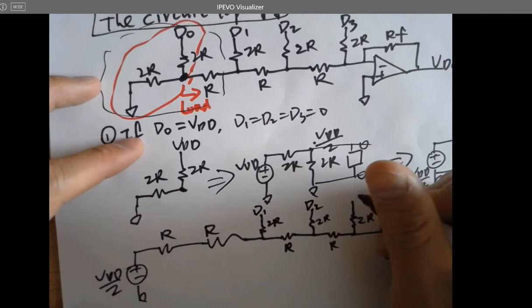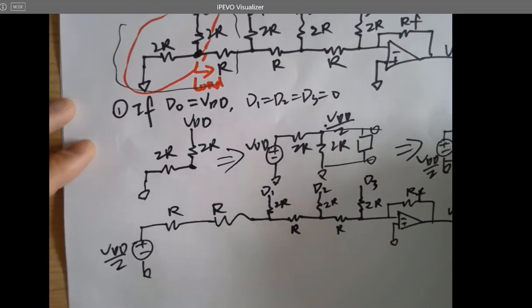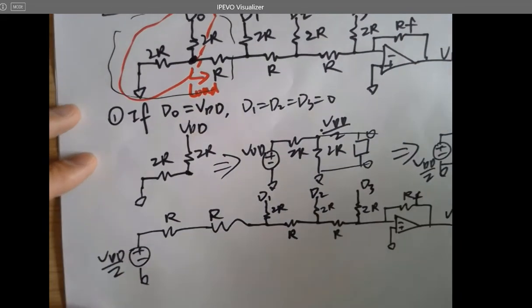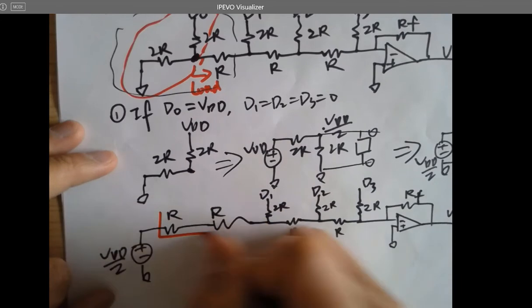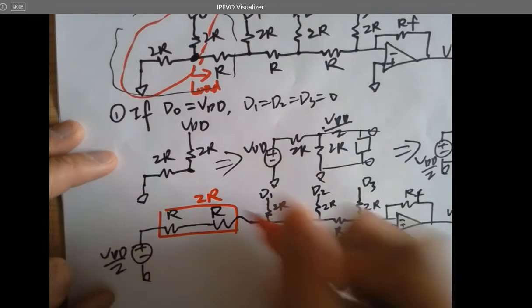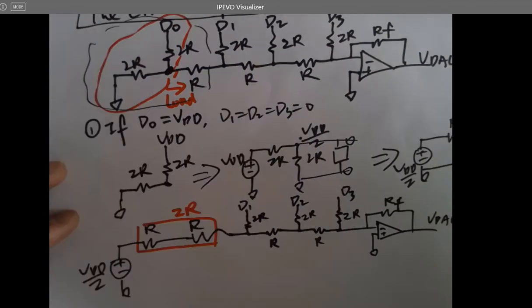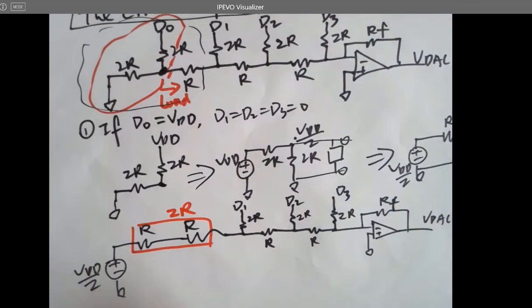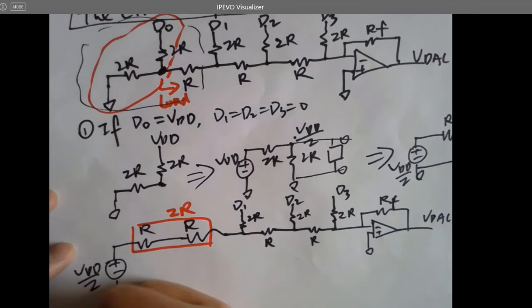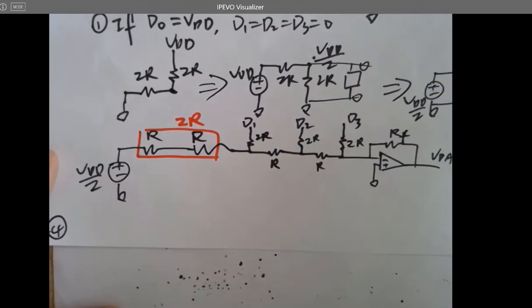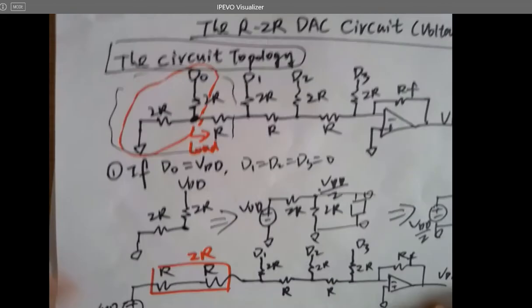D1, D2, D3. And combine this together, you get another 2R. Then what's next? You can do a very similar conversion here. Just follow the same procedure. Is that similar?